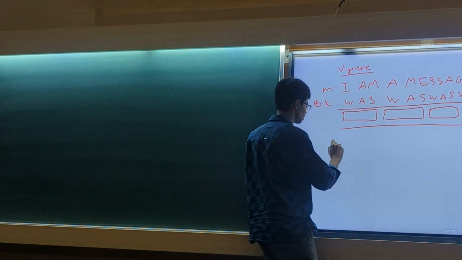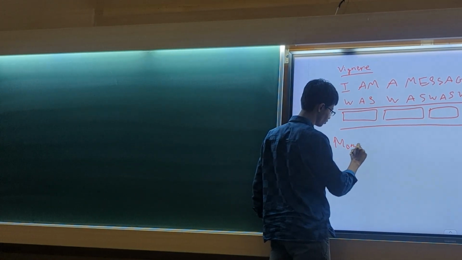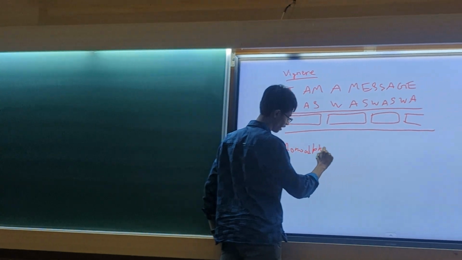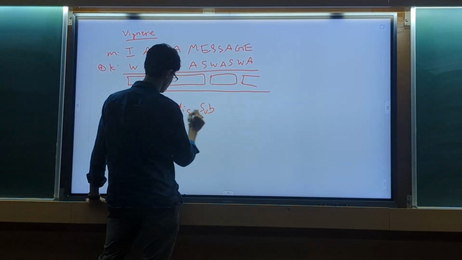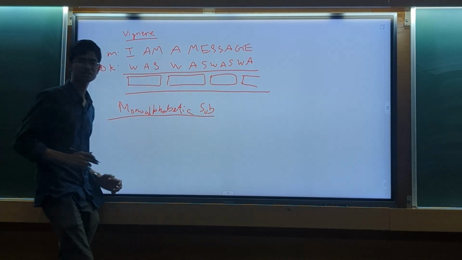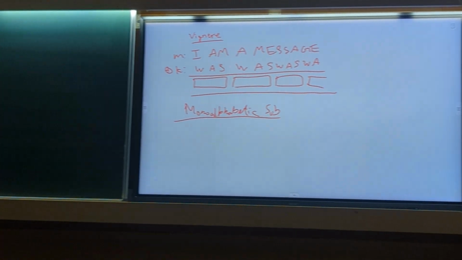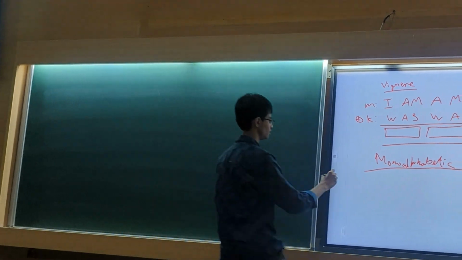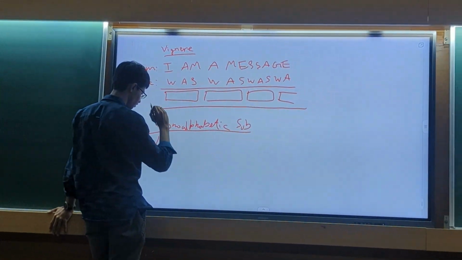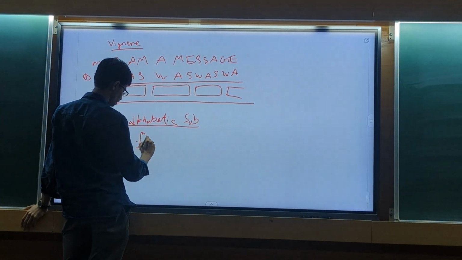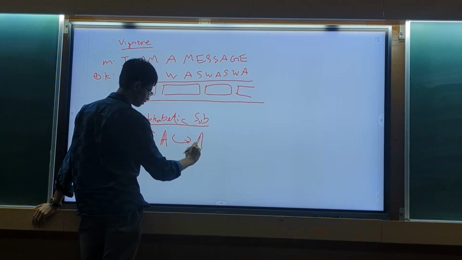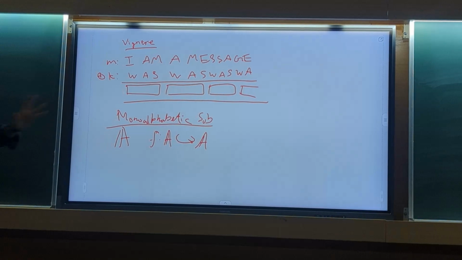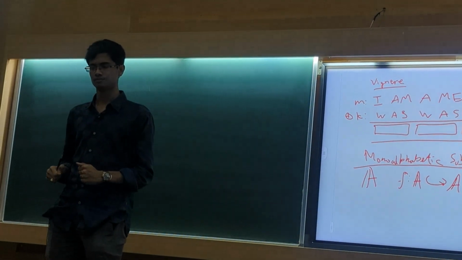And the last classical cipher we will come to before actually starting with modern cryptography is the monoalphabetic substitution cipher. So what the monoalphabetic substitution cipher does is, let A be the English alphabet, and you consider a bijective map from the English alphabet, so a permutation of the English alphabet, right?